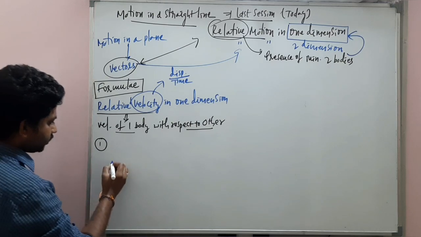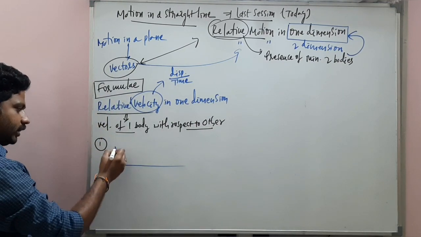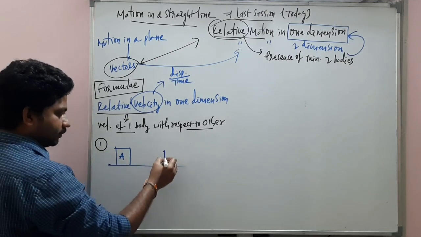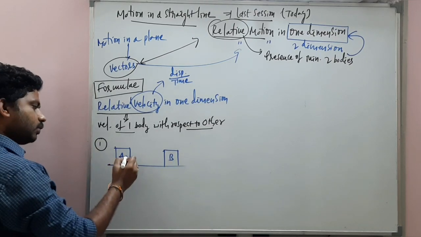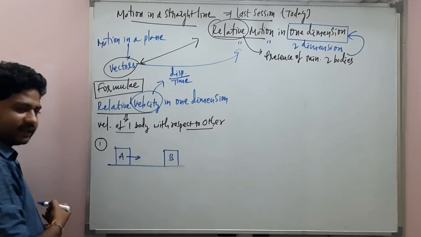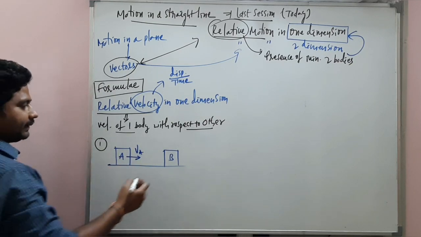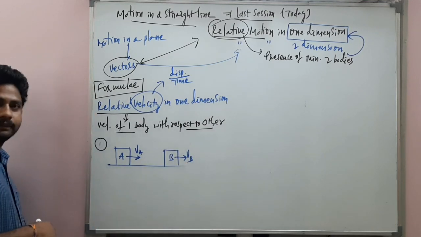Let's understand. The first thing is, this is the ground. There is a body A and there is another body B. This body A is moving in this direction with a velocity VA. The body B is moving with a velocity VB.